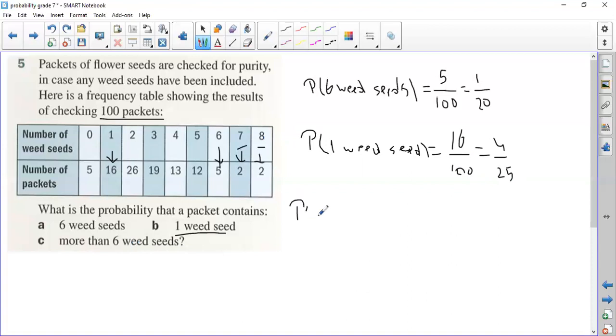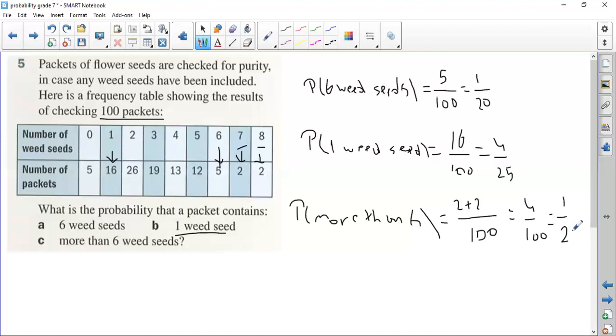So the probability for more than 6 will be 2 plus 2 over 100, which is 4 over 100, or 1 over 25 if you simplify with 4. Okay, so in this way, we get the probabilities.